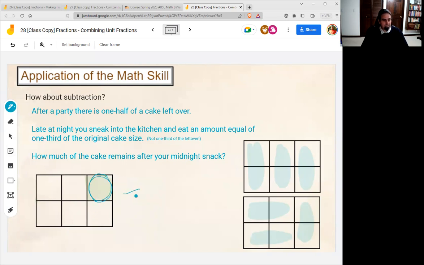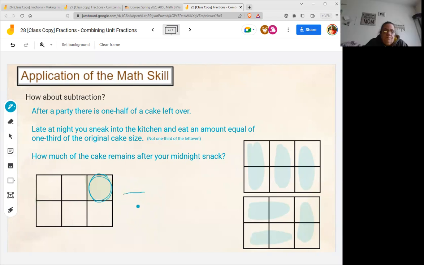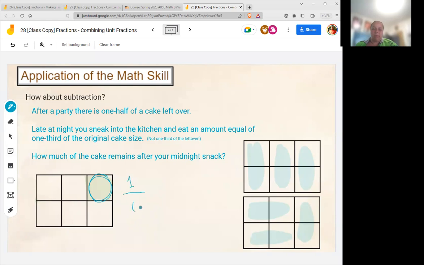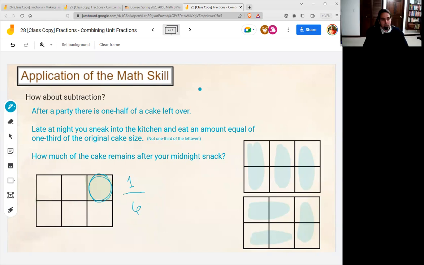What fraction would I write? 1/6. You got it. So we've just done 1/2 take away 1/3 equals 1/6, but it was easier to see with the picture than trying to write it like that.